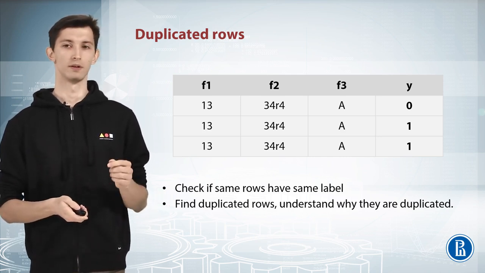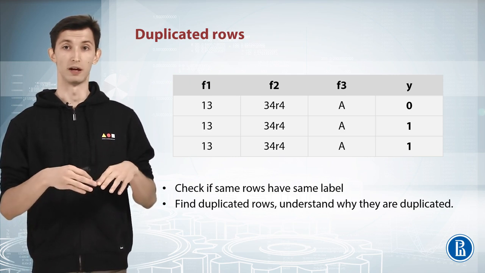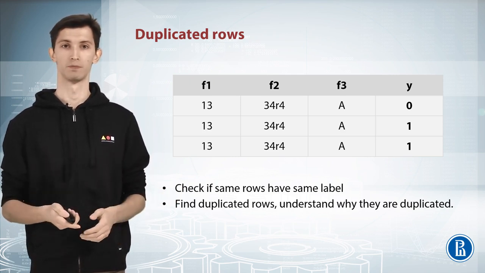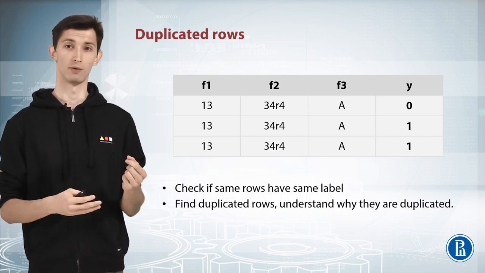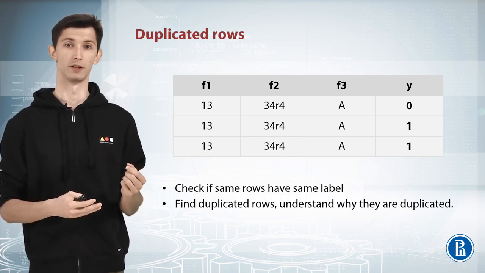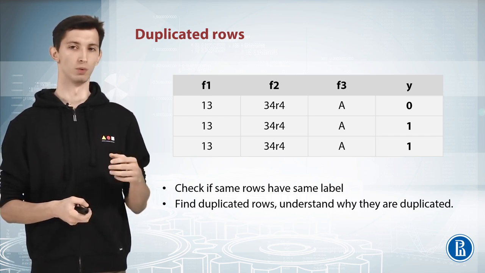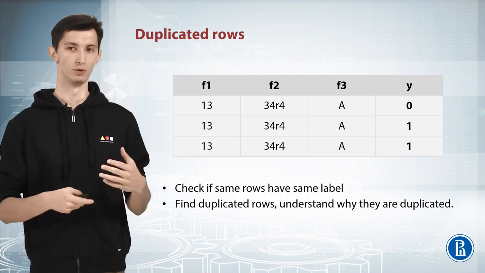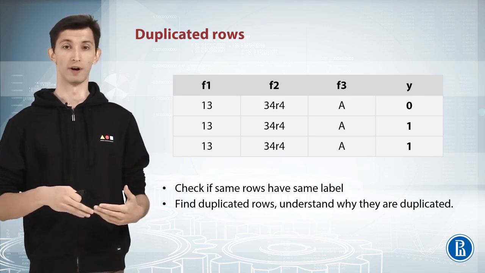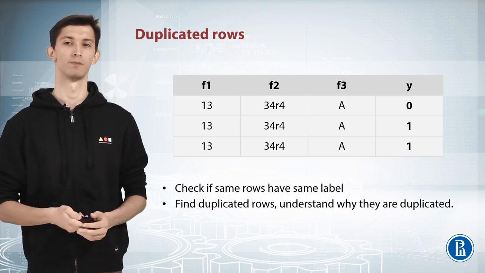Another possibility, duplicated rows can just be a result of mistake. There was a competition where one row was repeated 100,000 times in the training dataset. I'm not sure if it was intentional or not, but it was necessary to remove those duplicated rows to have a high score on the test set.